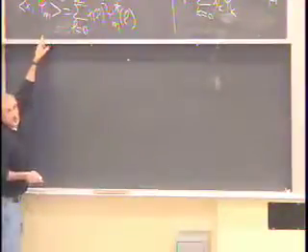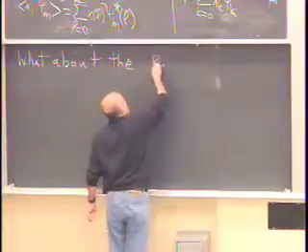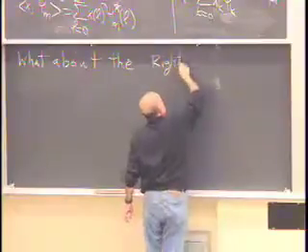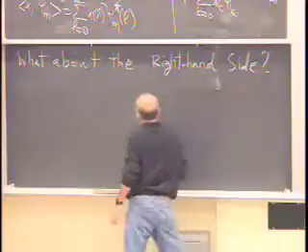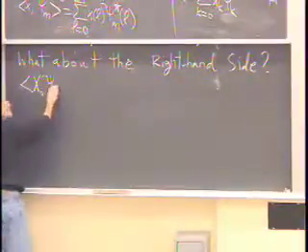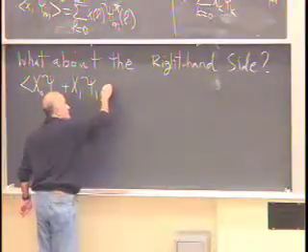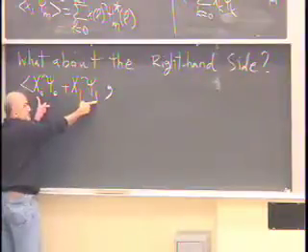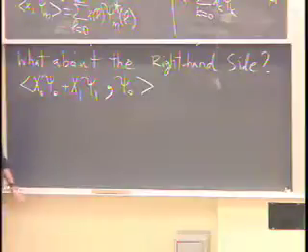Now, what happens when I project the right-hand side? I have to do the same thing there. I have x0, c0, plus x1, c1. And I've got to take this whole thing viewed as a vector and project it onto c0. What do I get?